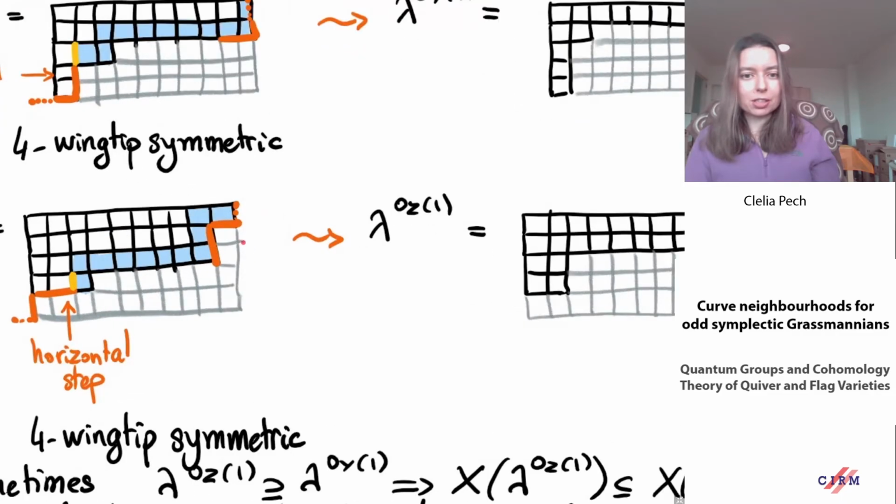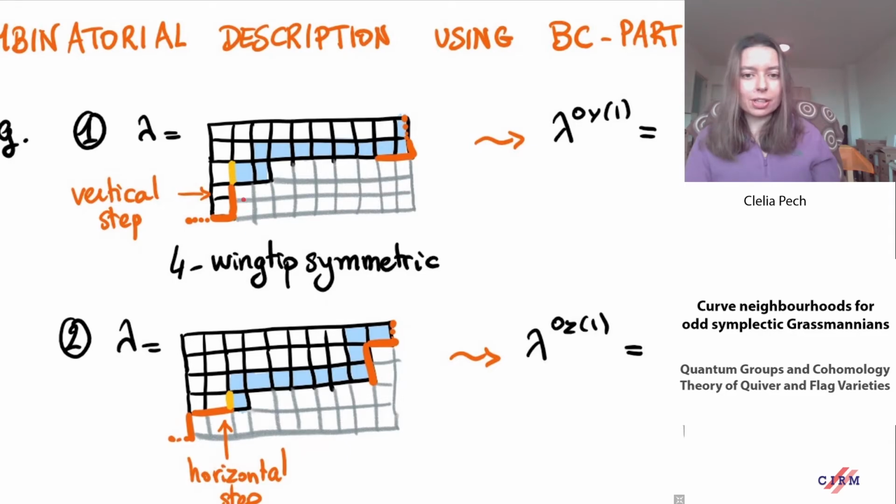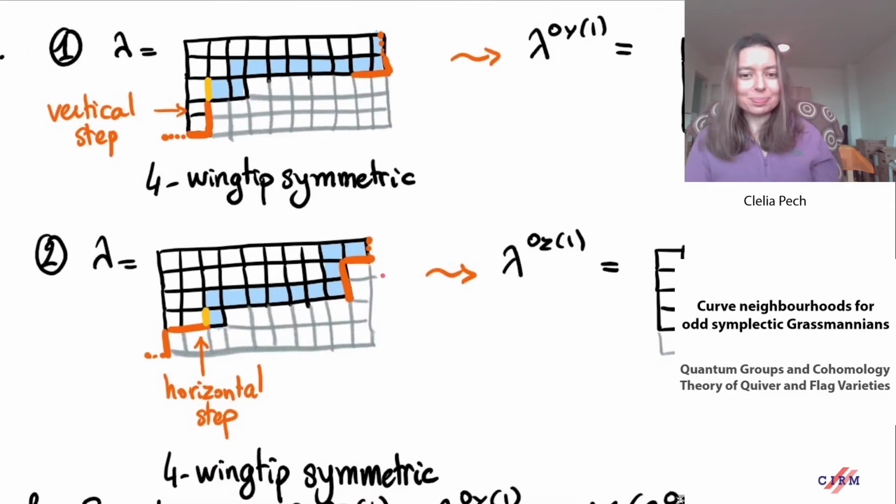I should probably zoom here. This little yellow thing is a barrier: when I remove my hook, I need to stop at this barrier. Then for the second one, I look at the horizontal step, and this picture tells you where you put the barrier, and I do the same. I remove a hook, but I stop there.